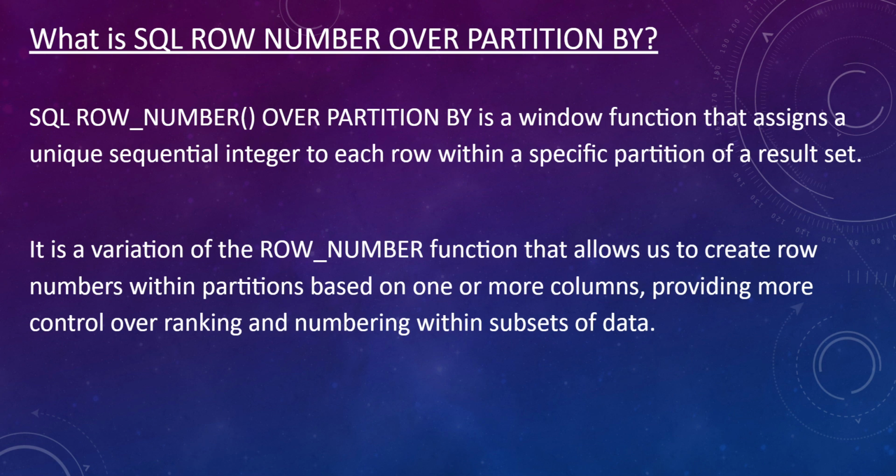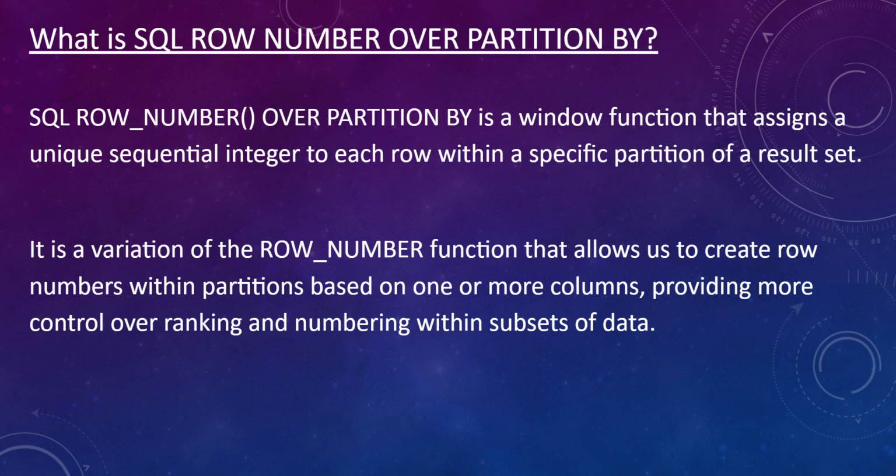If we use PARTITION BY, the row number will be assigned within that specific partition, and when we cross that partition and move to a new partition, say from junior to mid, then a new row number will start again from 1.